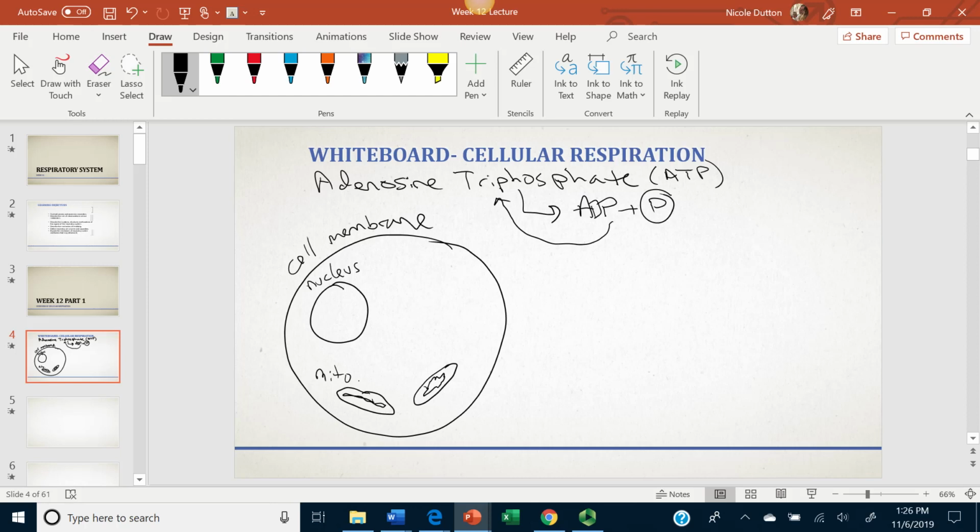Glucose is in the shape of a hexagon. So it has 6 carbons, 12 hydrogens, and 6 oxygens. So if we draw the structure of glucose, it looks something like this.